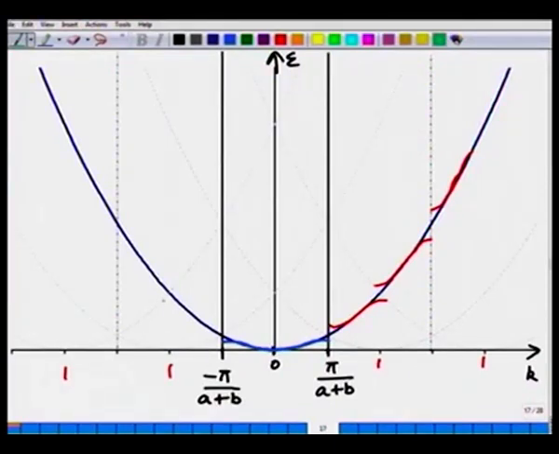So, I am going to use the same color here also, and we are going to show it like this. We will show this part of the curve like this, showing that there is an origin of band gap here. Near these points, a band gap opens up. This is how we show a nearly free electron, and these are the band gaps opening up, is what we are trying to show here.